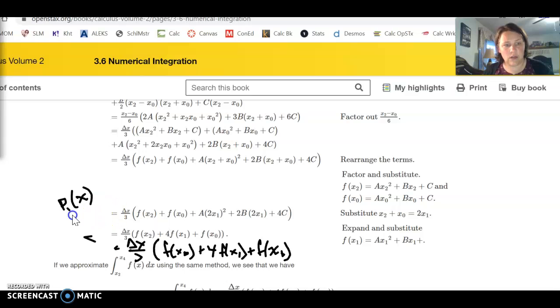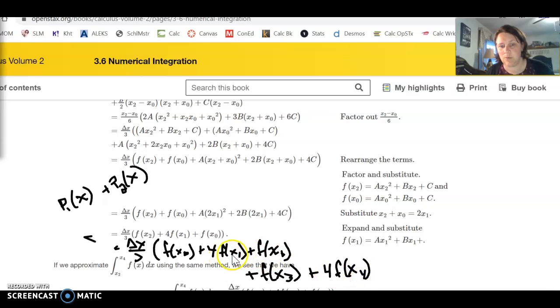So if we were going to go on and add on a p sub 2 of x, so our second quadratic equation, then what we're going to add, it uses the endpoint f of x sub 2, so we're going to get another f of x sub 2 plus 4 times f of x sub 3, which is the middle one, and then plus f of x sub 4.